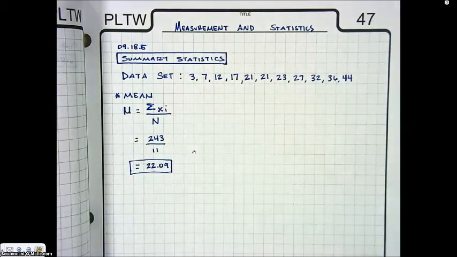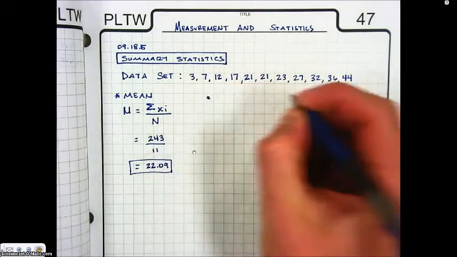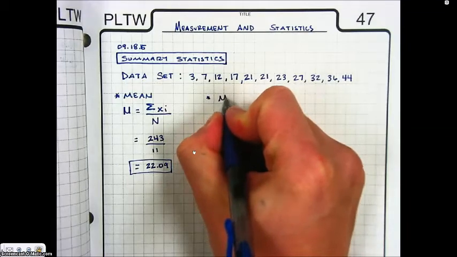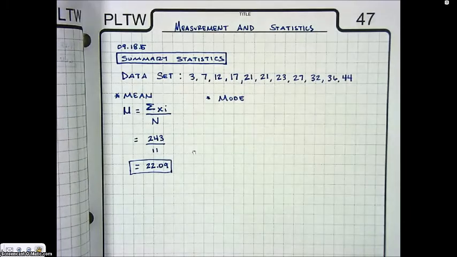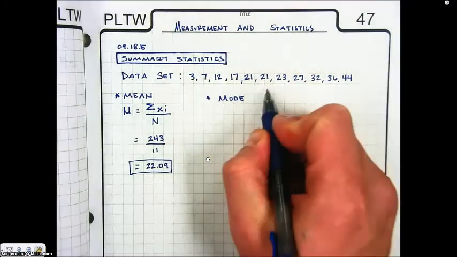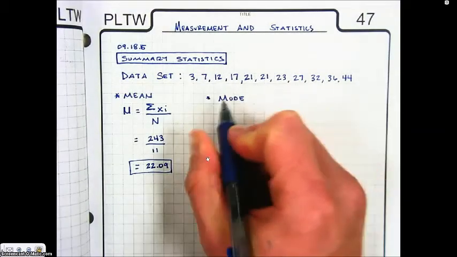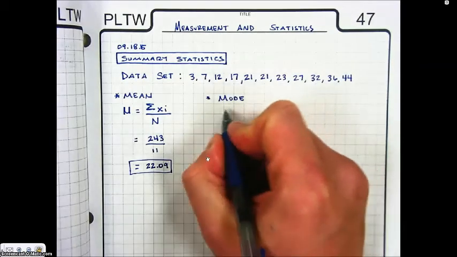Okay. The next statistic we are going to look at is mode. The mode is the most frequently occurring value. And so if we look at our data set here, we have two 21s, and so our mode is equal to 21.